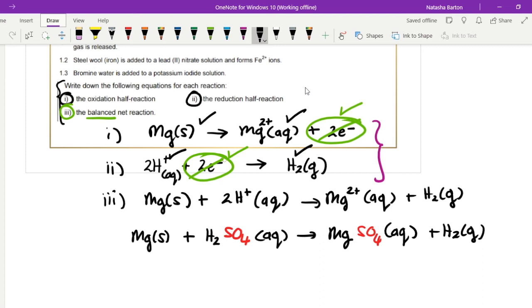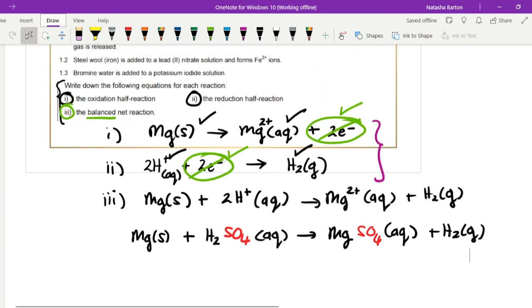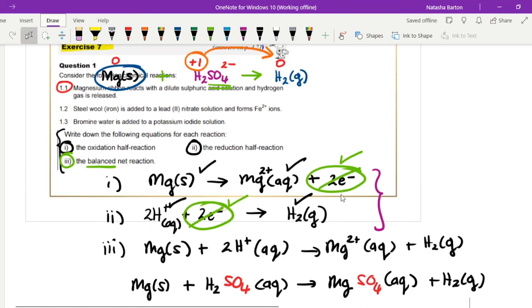Okay, so that's when we include the spectator ion. But in this case, our spectator ion does not take part in this redox reaction. It just lies around. Okay, so we are done with question 1.1.